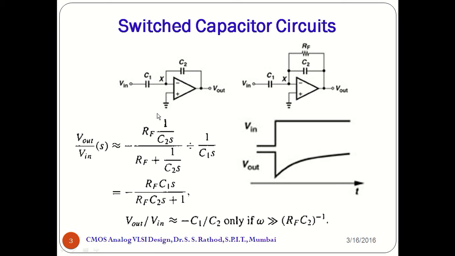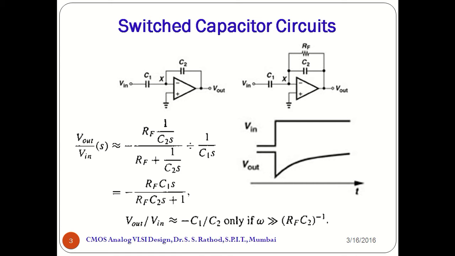So this figure on the left hand side is the same type of amplifier, but we have replaced the resistances by capacitances. Now if you replace the resistors by capacitors, the problem is how do you set the bias voltage at node X? To set the bias voltage at node X, we can add a large feedback resistor, shown in the figure towards the right hand side.